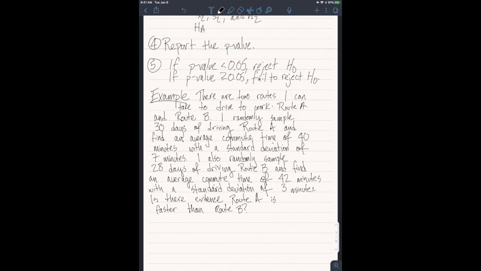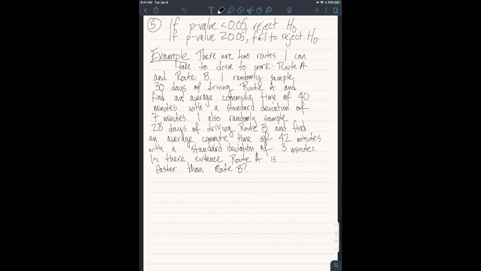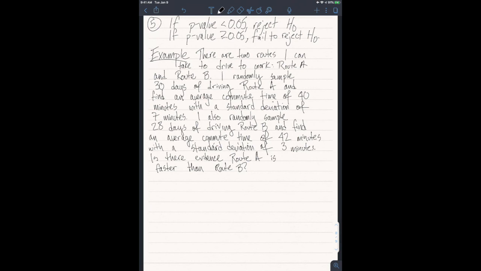All right, so here we go. There are two routes I could take to work, and I don't know if anyone remembers, I drive to DC. So these 40 minutes and 42 minutes, that's not really representative of my actual commute time. But let's say there's two ways to get to work, right? And I randomly sample 30 days of driving route A, that first way of getting to work, and I find that it takes on average about 40 minutes to get to work that way.